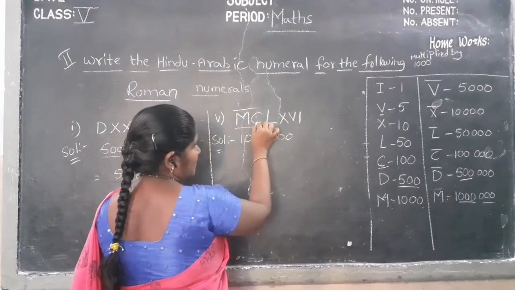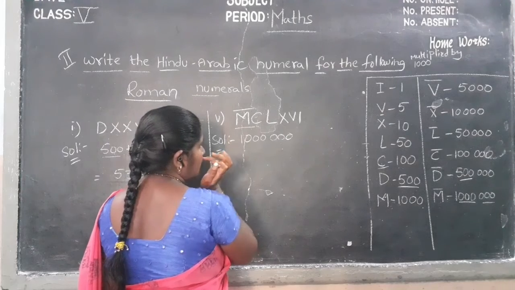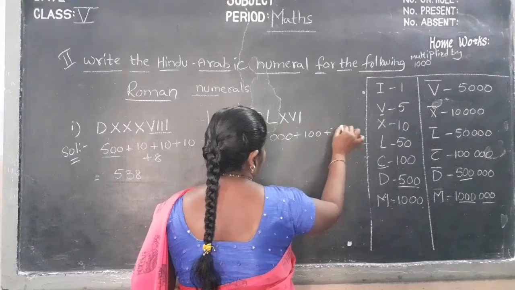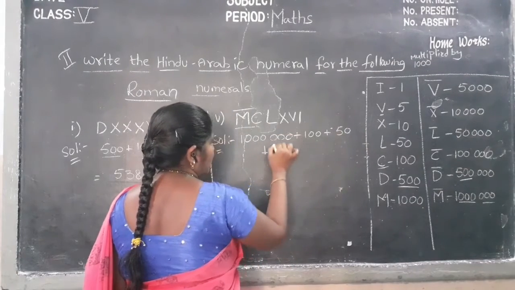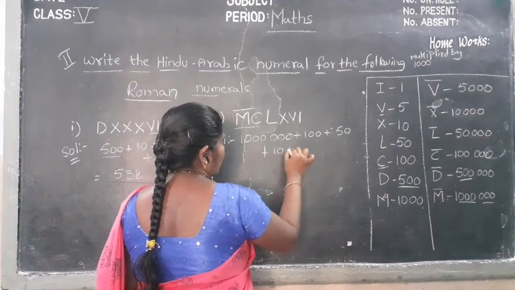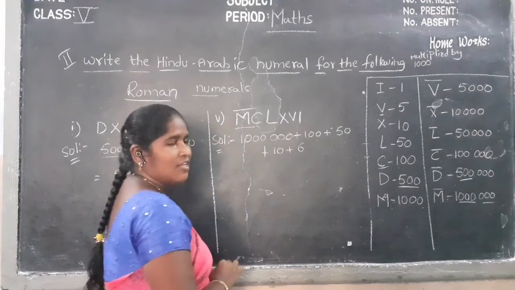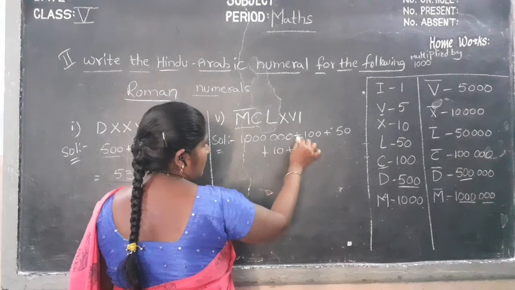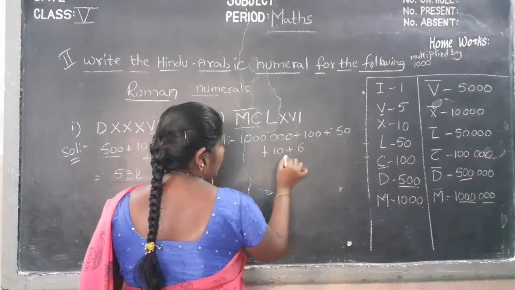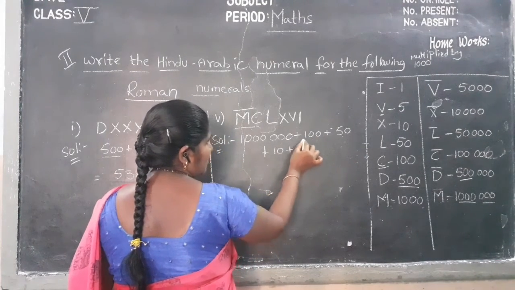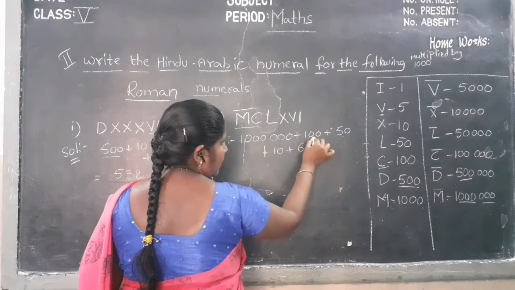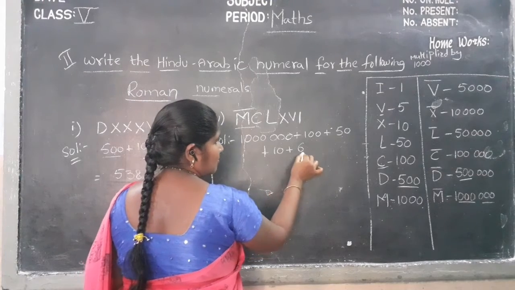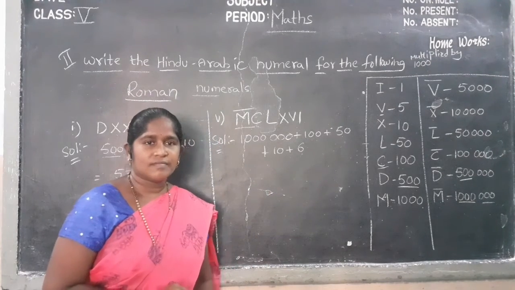And after that CL: C means 100, L means 50, and X means 10, and the next one is 6. The total answer is 1,000 thousands and 100 plus 50 plus 10 plus 6, 166.